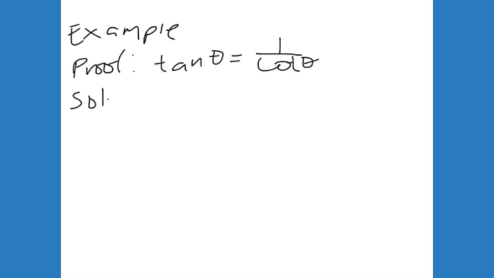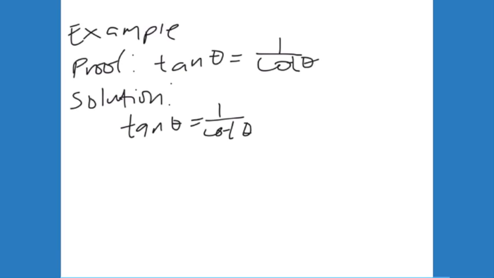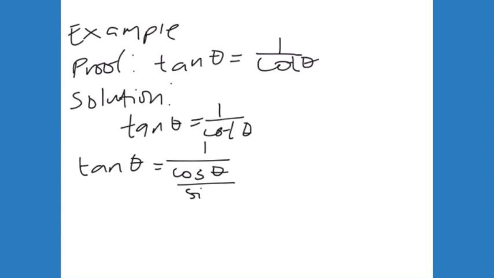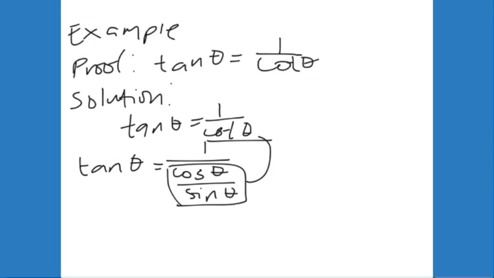So solution: tangent theta is equal to 1 over cotangent theta, then tangent theta is equal to 1 all over cosine theta over sine theta. Instead of using cotangent theta, we use this, since this is equal also to cotangent theta.